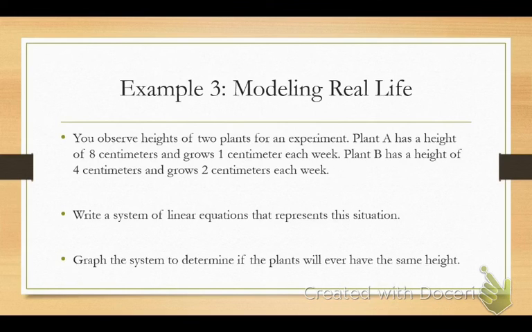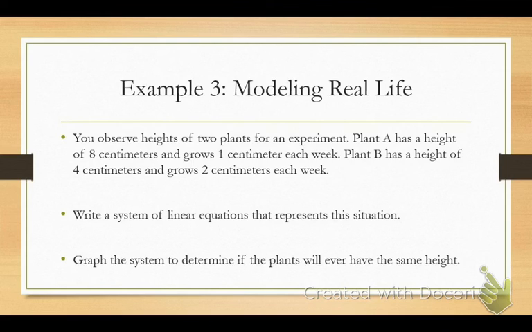Let me give you another way to think about the y-intercept. That is your starting point. Isn't that the first point that we graph on a graph? That's my starting point, okay? So let's read this scenario, and I want you to think about which value would be my rate or my slope, and which value would be my y-intercept, or basically a starting point, okay?